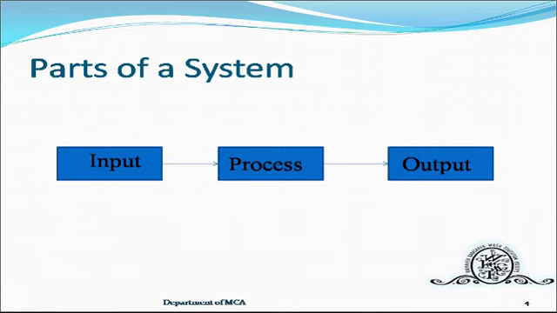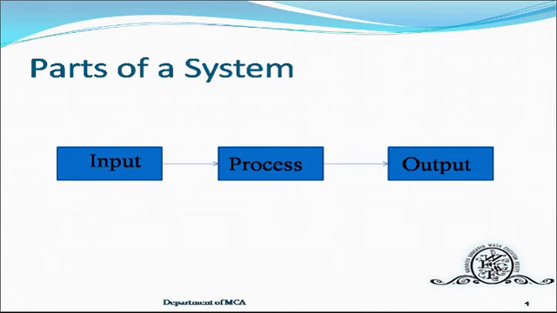So if a system in any field is analyzed, then it is observed that it has three basic parts which are organized in an orderly manner. These three basic parts are input, process and output. For the execution of any system, it requires input, it processes that input and finally gives the output.